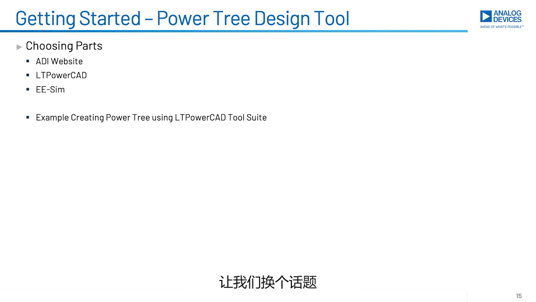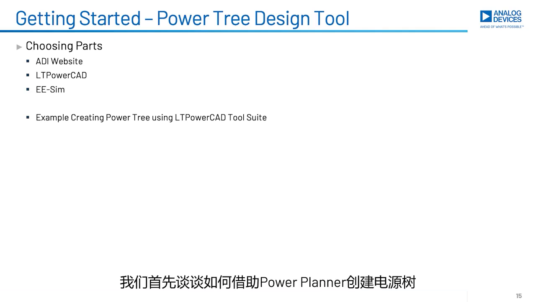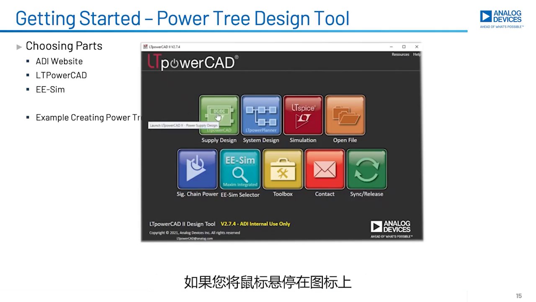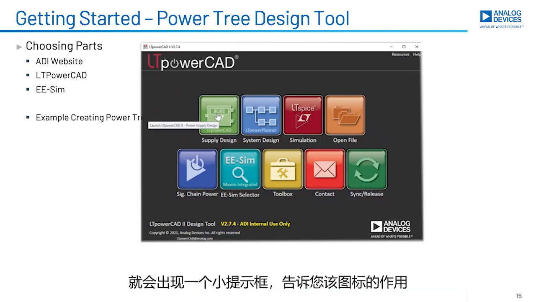So let's shift gears here a little bit, and we'll start by looking at the power planner to create the power tree. When you launch the LT PowerCAD suite, this is the startup window. So it shows you all the different tools that are available and are part of the suite. In many of the parts of this power suite, where there's an icon, if you hover over the icon, a little alert box comes up and tells you what that icon does.